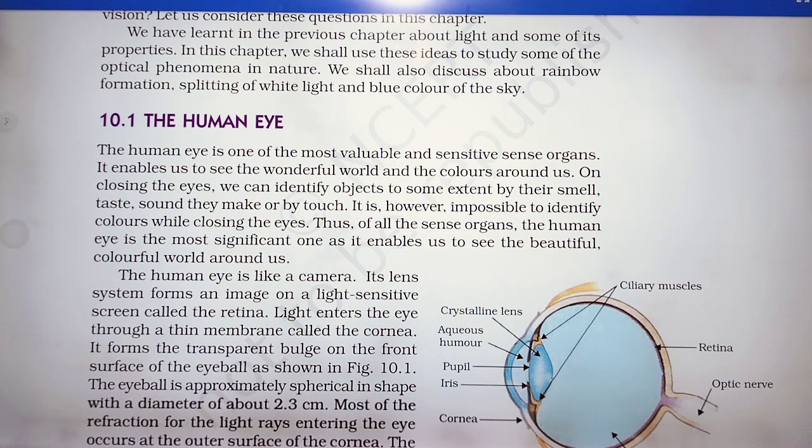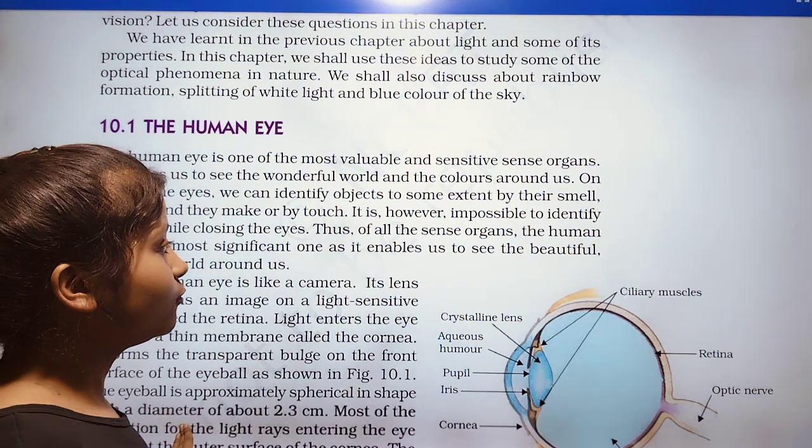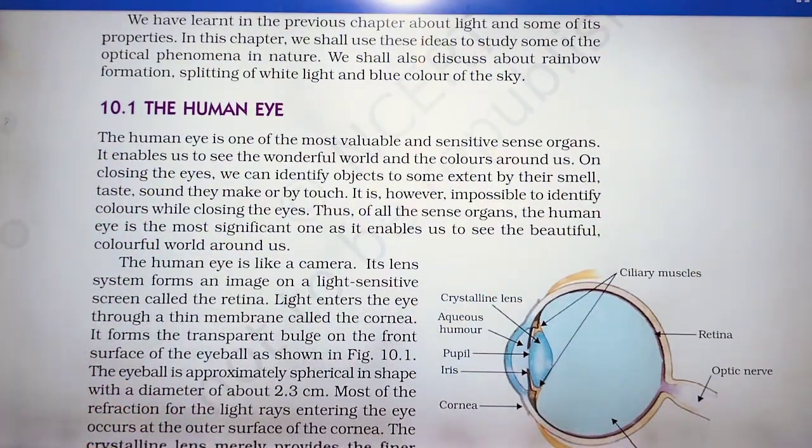When we close our eyes we can feel an object with the help of smell, taste and touch. It is, however, impossible to identify the color by closing the eye. If we close our eyes we can see only black. We cannot identify the color of an object after closing the eye.